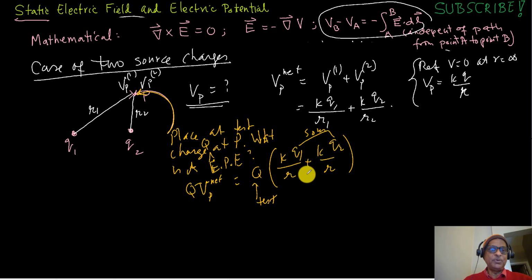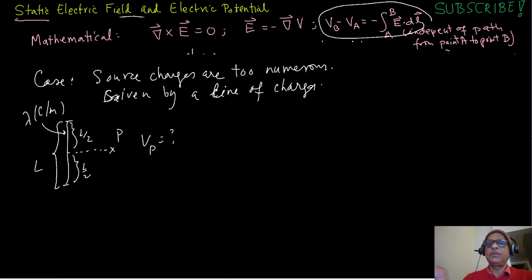How about if we have a charge distribution? Suppose we did a situation similar to this for electric field. Suppose we had a line of charges, and all we could give you is a charge per unit length, lambda, some constant.